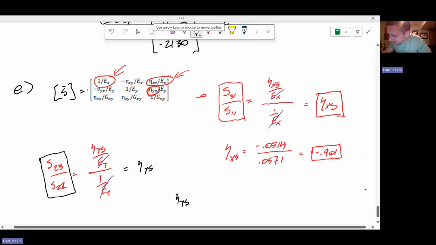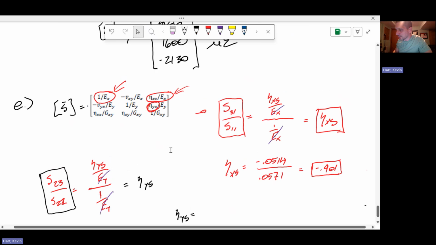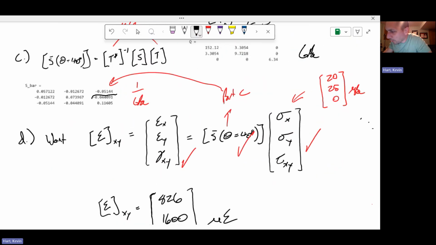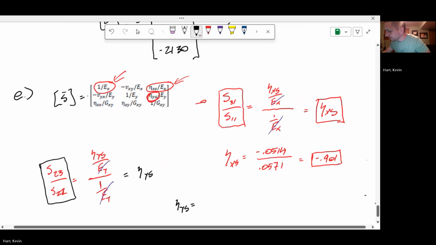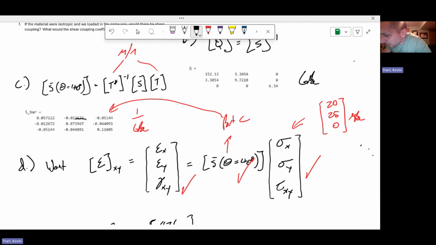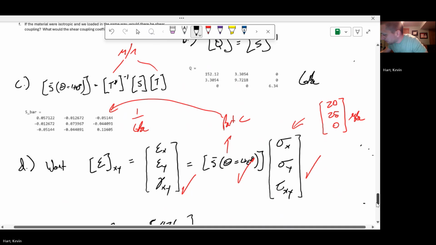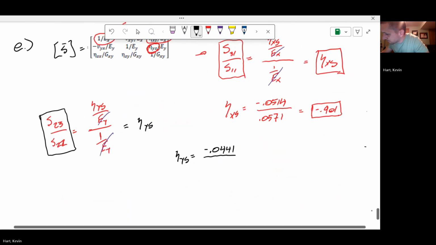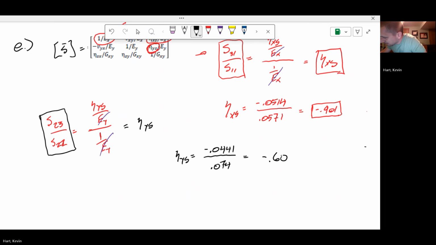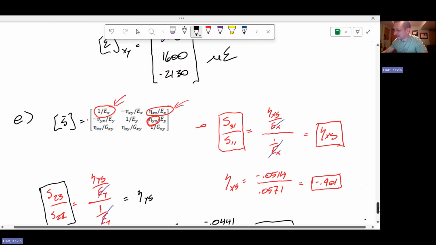So eta YS is S23 over S22. Let's look at S23. Negative 0.0441, divided by S22, 0.07396. I'm going to say 0.074. And you'll end up with eta YS is negative 0.6. And that's that. Okay. So that's some clever manipulation of the entries of S to get you there. It's kind of nice.